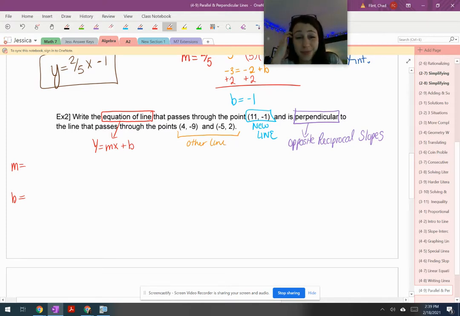Just like back when we were writing these equations, we always want to start with finding our slope. So those two points that are grouped together that are on that other line, we're going to use to find the slope. Remember, slope is y minus y over x minus x.